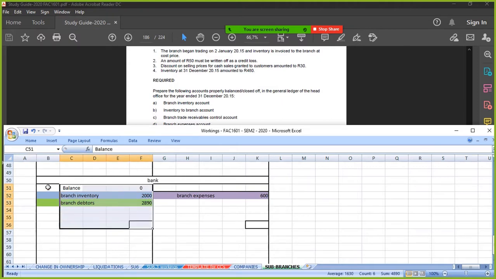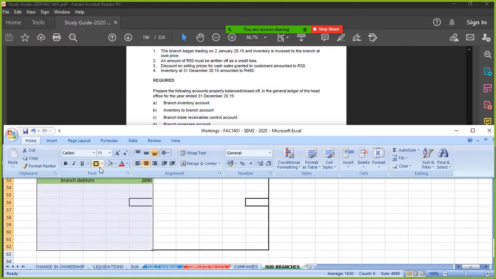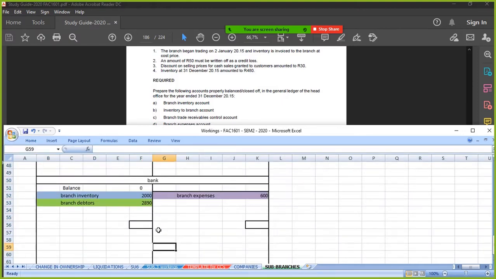Okay, so which side's bigger? This side, definitely. Okay, and I think that was it.